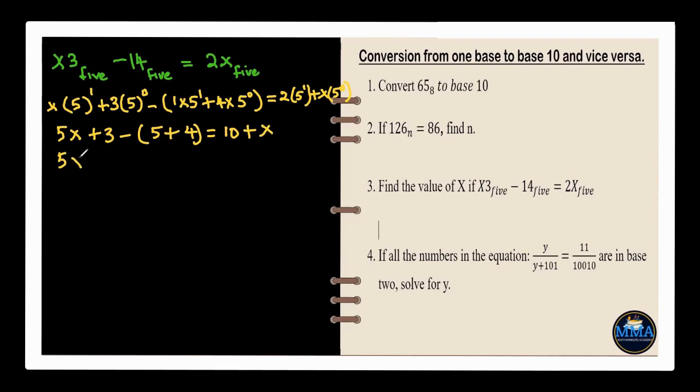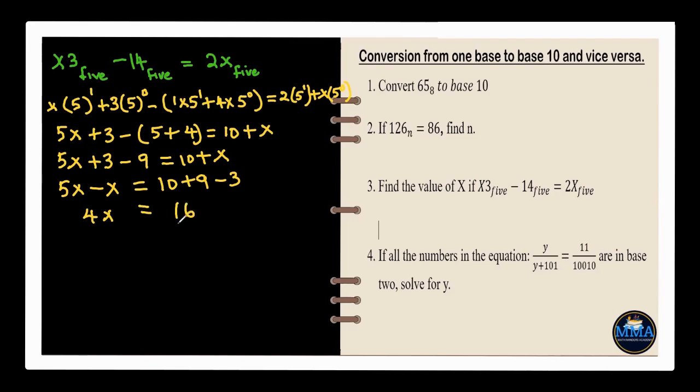This is 5S plus 3 minus 5 plus 4 is 9 equals 10 plus S. Let's collect like terms. We have 5S minus S equals 10 plus 9 minus 3. 5S minus S is 4S. 10 plus 9 is 19 minus 3, we have 16.